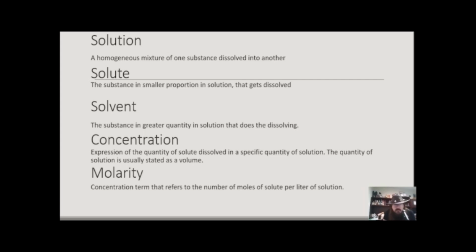The quantity of solution is usually stated as the volume. So say like, oh, the concentration is 5 particles per liter. Maybe it's 5 milligrams per liter. Maybe it's 5 moles per liter. It all depends on what we're using to measure that, which the most common way to measure that will be with molarity. Molarity is the concentration term that refers to the moles of solute per liters of solution.